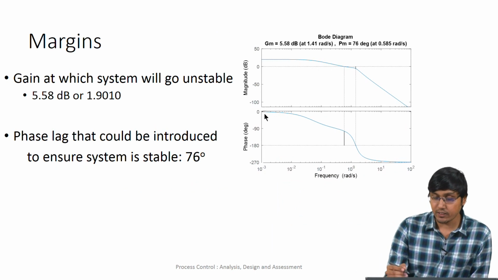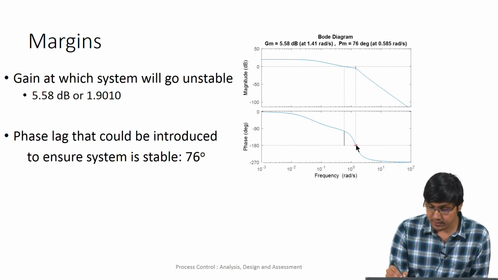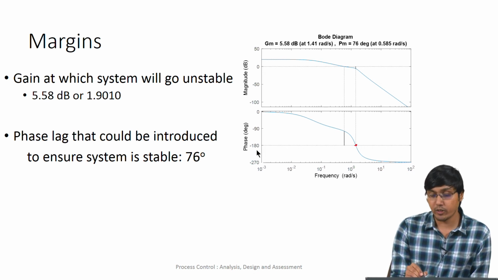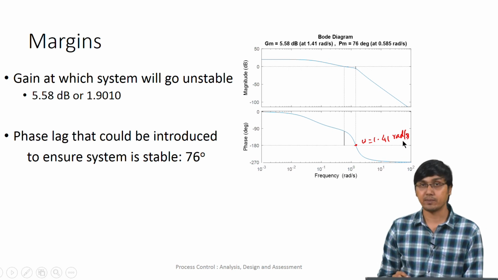So basically here, if you do the Bode plot, we see at what frequency this system is going to have a minus 180 degree phase shift. The minus 180 degree phase shift is at this particular frequency, which is omega equal to 1.41 radians per second, right.